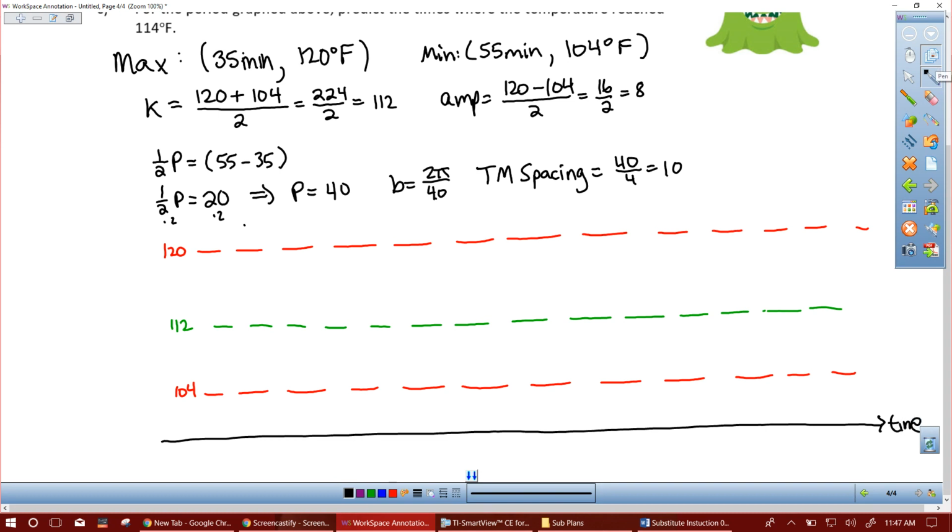I'll start with the first point which they gave me, which was at 35 minutes, where we were on the maximum. And then my spacing we said was every 10 seconds. So I'll do 45 and I'll do 55. And then I'll go backwards.